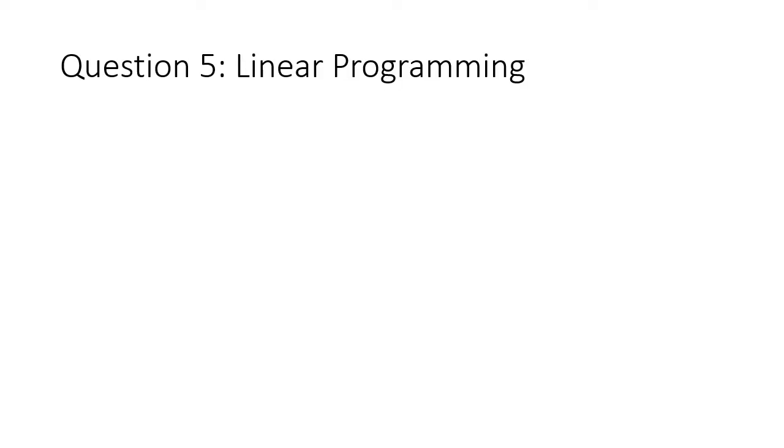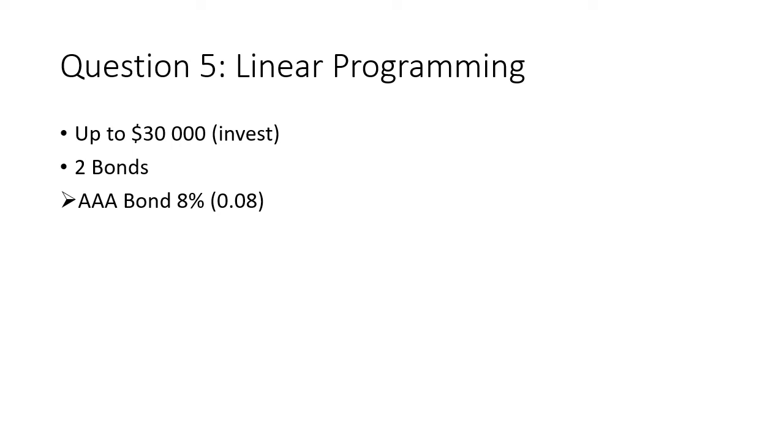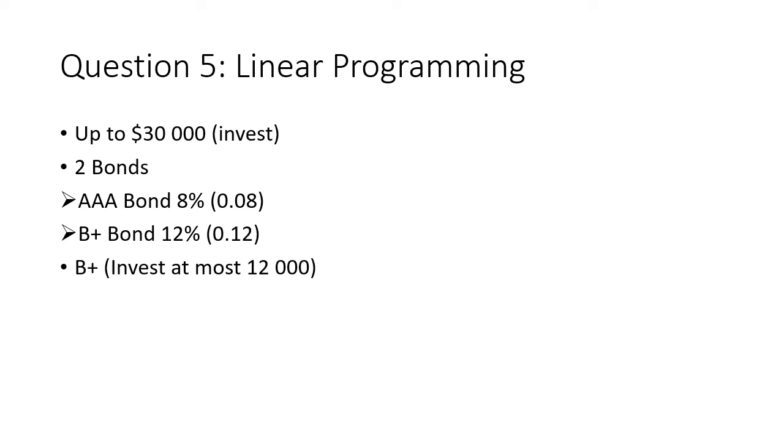Question 5. Linear programming. From the question itself, a couple has to invest up to $30,000, and we are given two bonds: AAA bond at 8% and B plus bond at 12%. They have to invest at most $12,000 in B plus bond, and AAA bond should be at least $6,000.